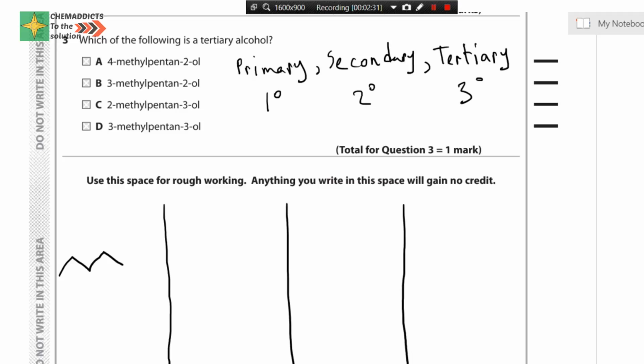This is how we're going to draw the skeletal formula of this molecule. Since we need to draw 4 individually, it is best to draw the skeletal formula. Here the methyl is on the 4th carbon, so this should be the 4th carbon.